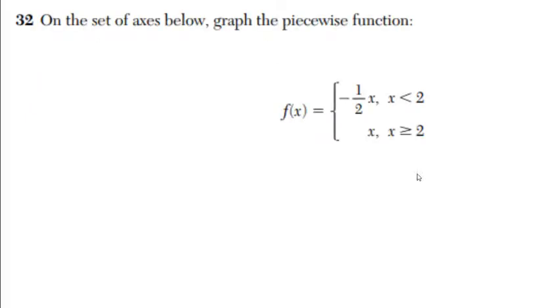Alright, so this was question 32 on the June 2018 exam. On the set of axes below, graph the piecewise function f of x is equal to negative 1 over 2x over the domain x is less than 2, and then f of x is equal to x over the domain x is greater than or equal to 2.